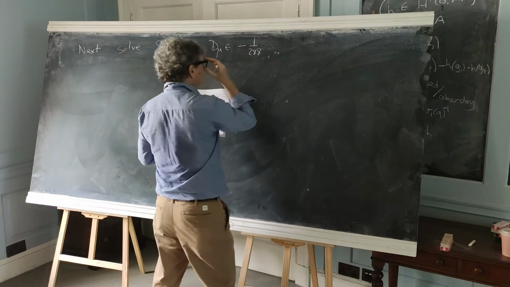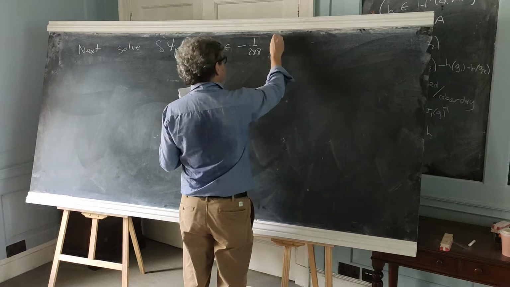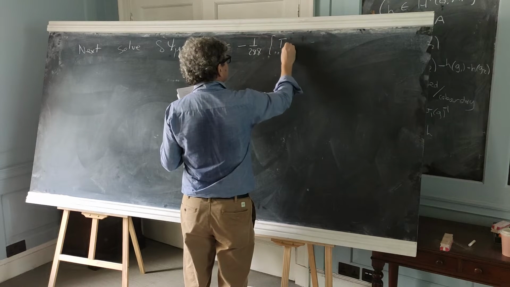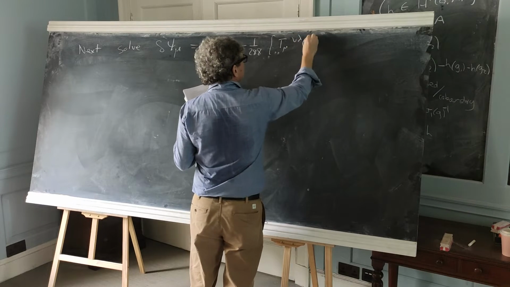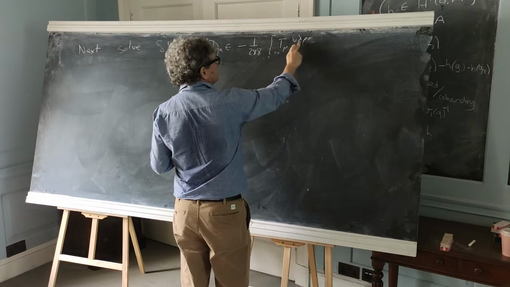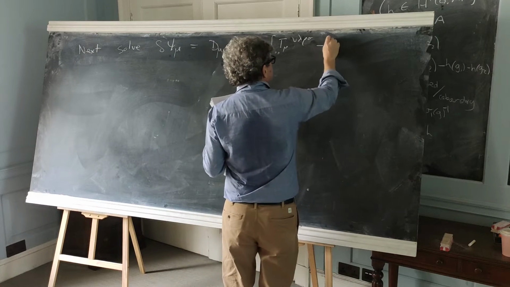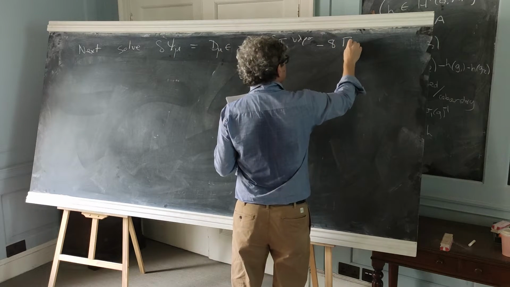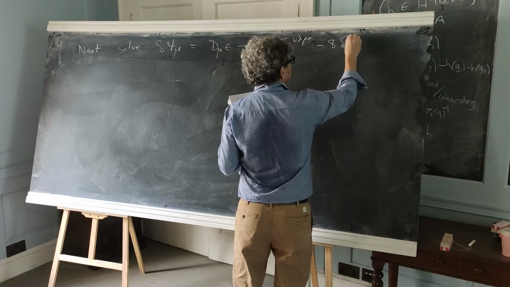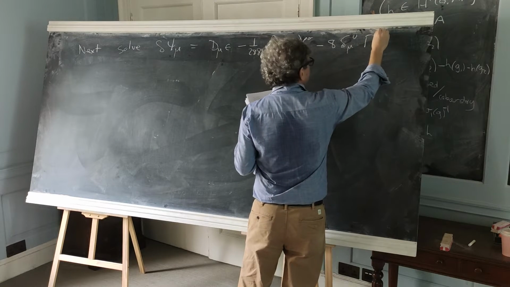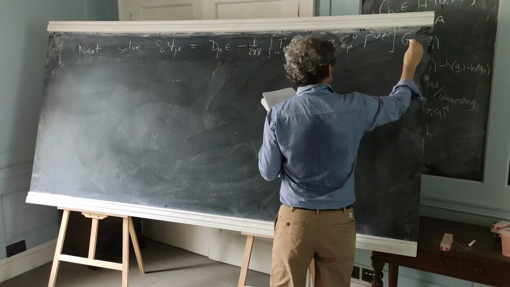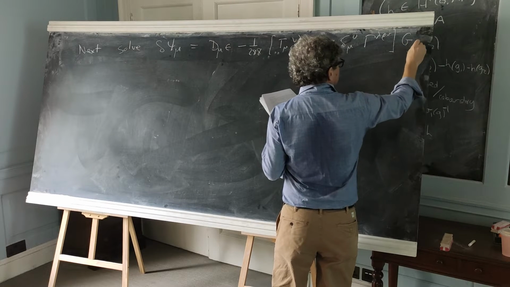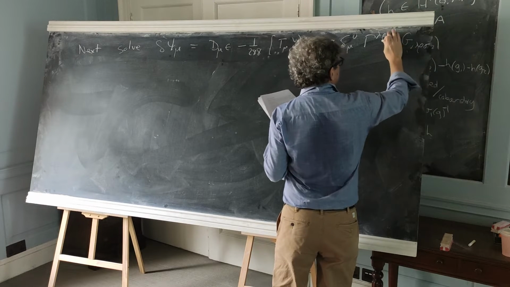1 over 288. And again, this is not something that you can just pull off the top of your head. So there's gamma^{mu nu lambda rho sigma}, and then there's minus 8 delta^{mu nu} gamma^{lambda rho sigma}. And then what I'm going to call here is G_{nu lambda rho sigma}.